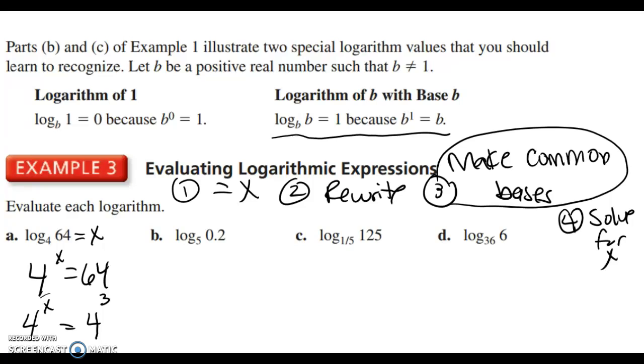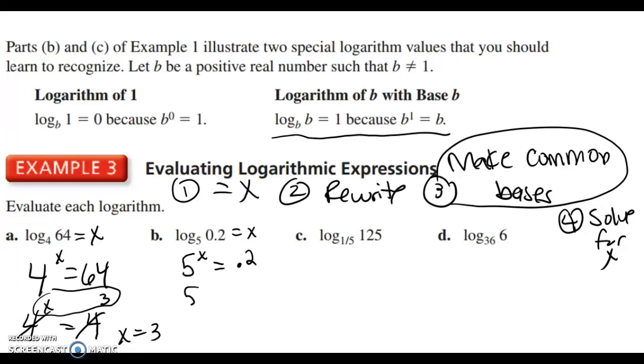So notice x is in the exponent, so is 3. So you set the exponents equal to each other. Once the bases are the same, you can drop them out and set the exponents equal to each other, so x equals 3. Let's try b. Step 1, equal it to x. Step 2, rewrite in exponential form. 5 to the x equals 0.2.